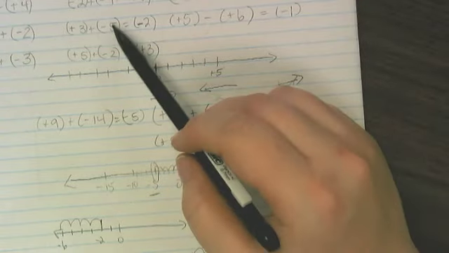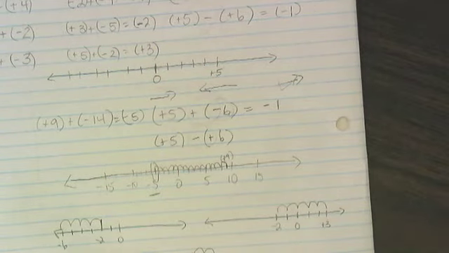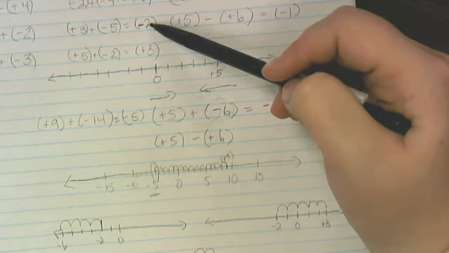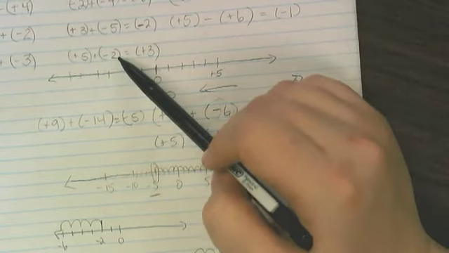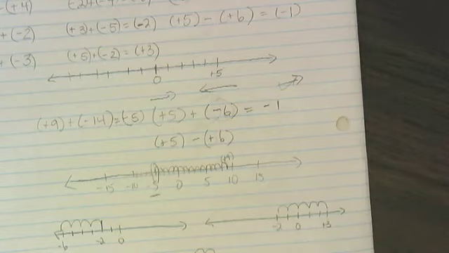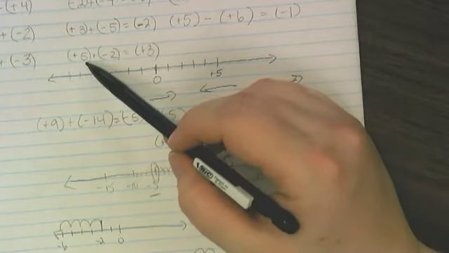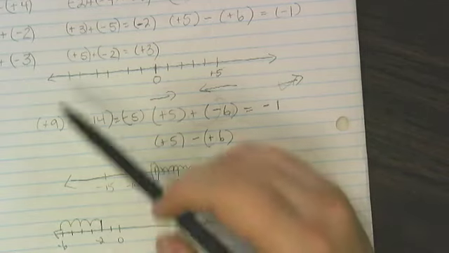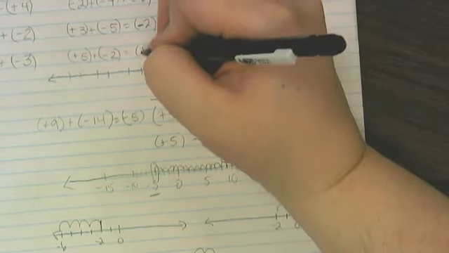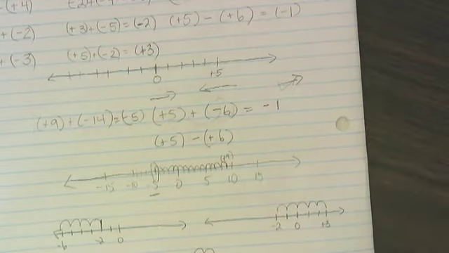What's the difference between 3 and 5? 2, so our answer is -2. Okay? Positive 5, -2. Which one's bigger? And by how much is it bigger? 3. So our answer is going to be positive 3.